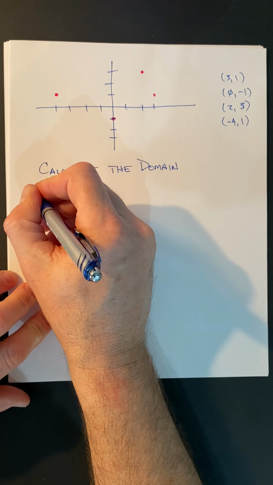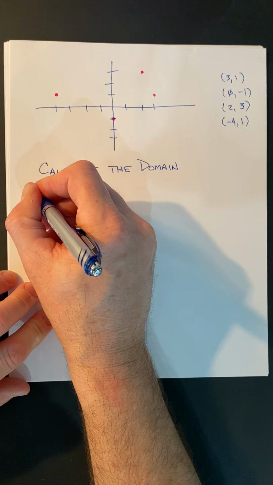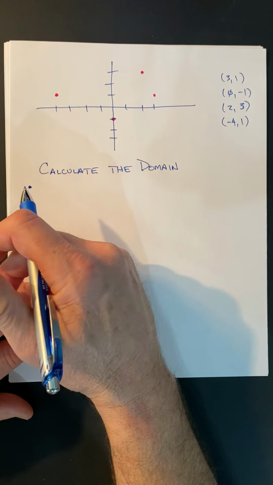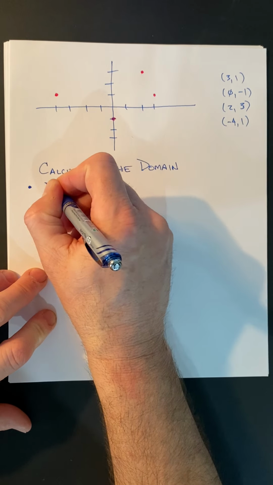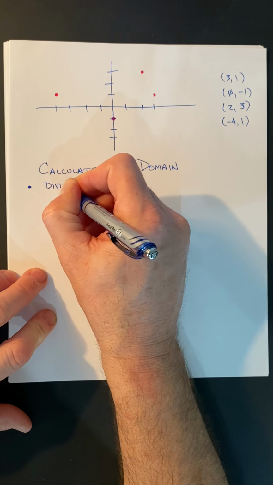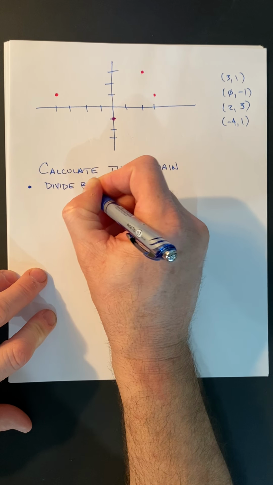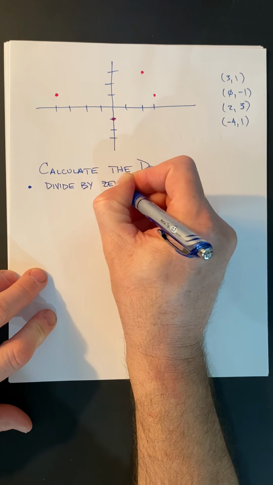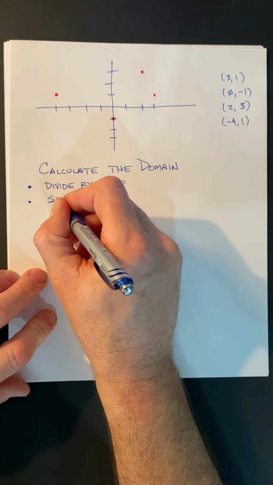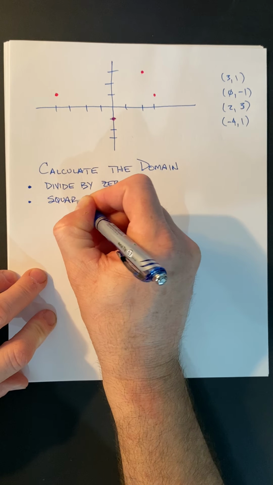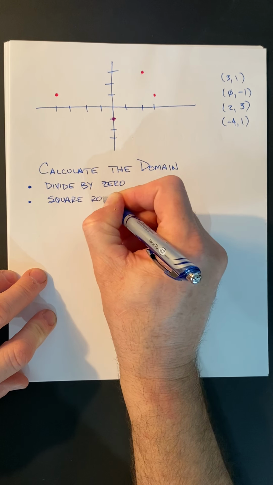So when I'm looking at that, what am I talking about? Well, things that make an equation invalid. Well, one of those is a divide by 0, okay? And the other is the square root of a negative number.